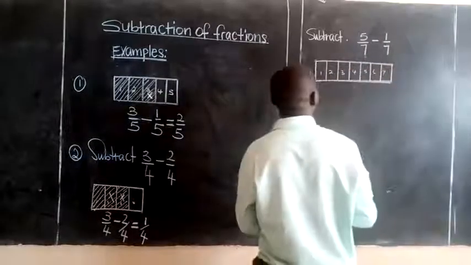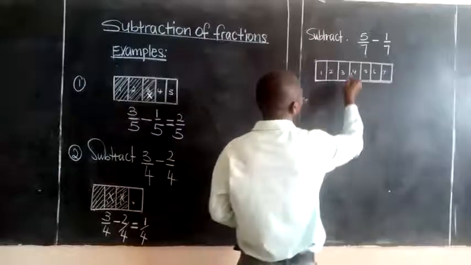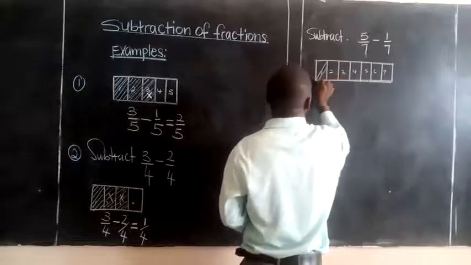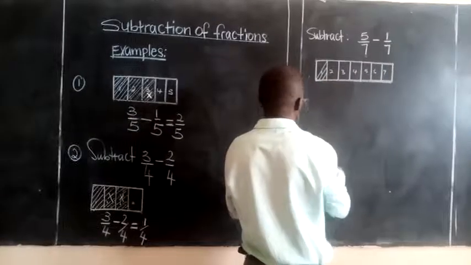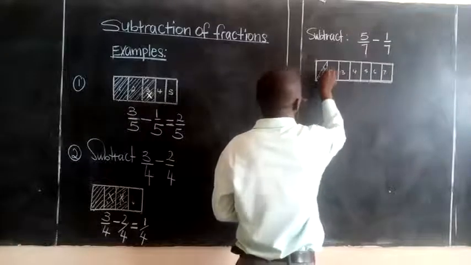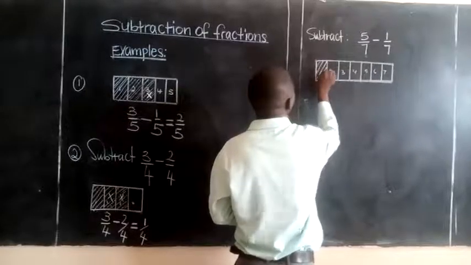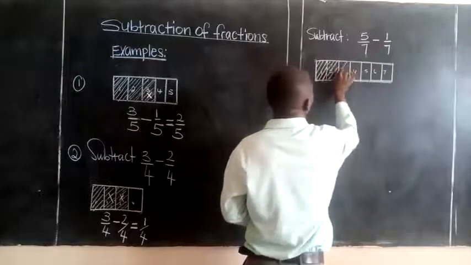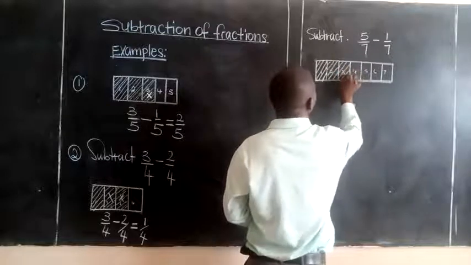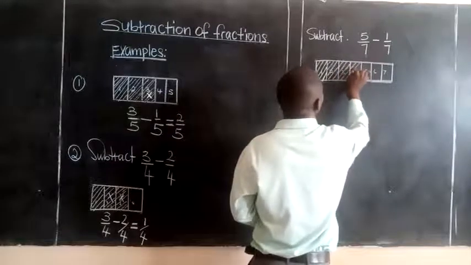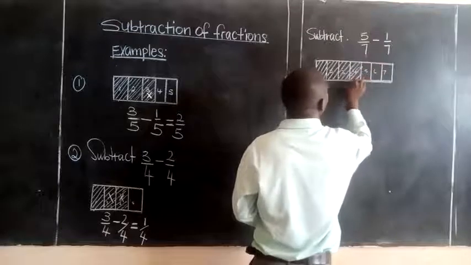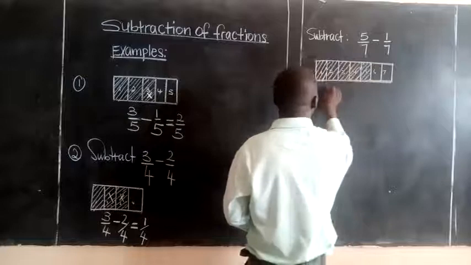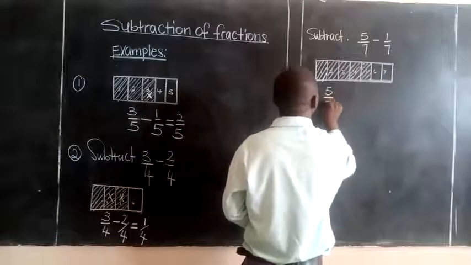In the first instance, they are telling you to shade 5 parts. So we are shading 1, 2, 3, 4, 5. So we have 5 out of 7.